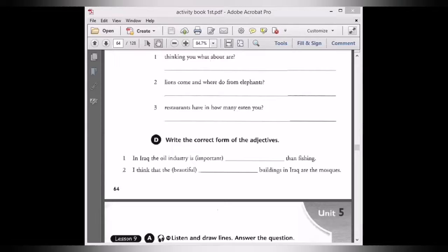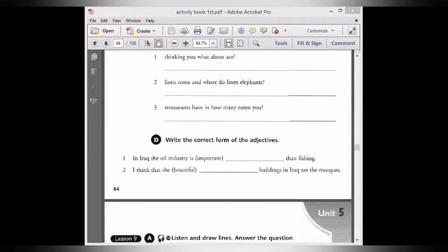Now, number 2, let's see. I think that the beautiful buildings in Iraq are the mosques. So here we do not have two entities, two things, right? We have buildings without numbering them. So there are many. So here we are speaking about superlative adjectives, right?